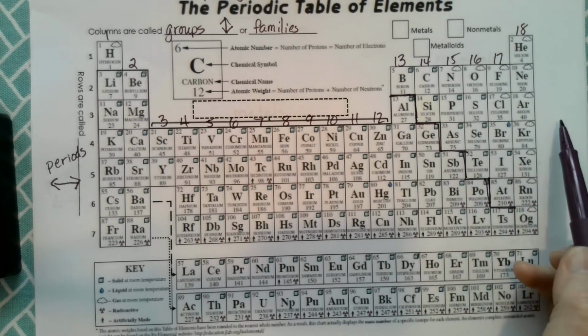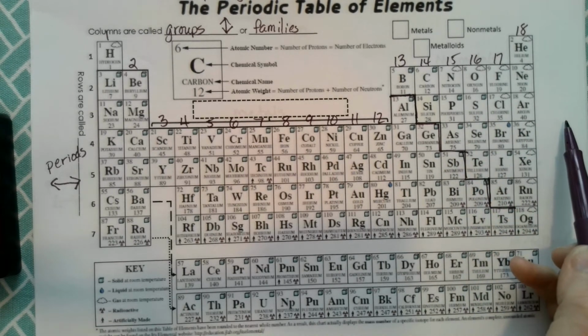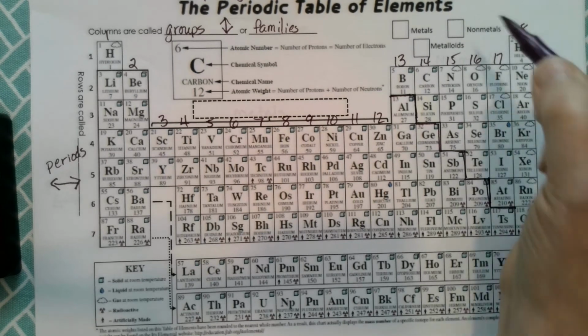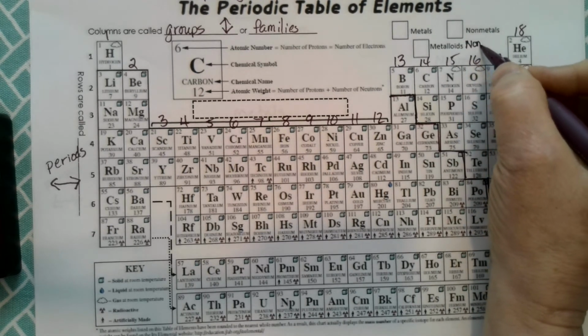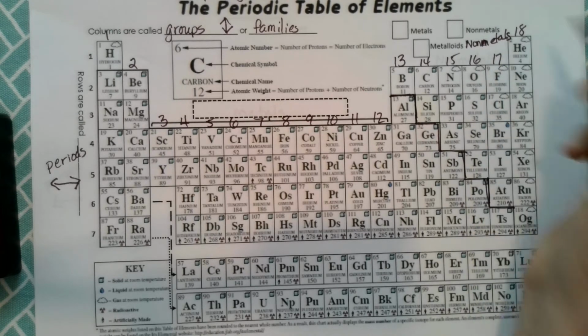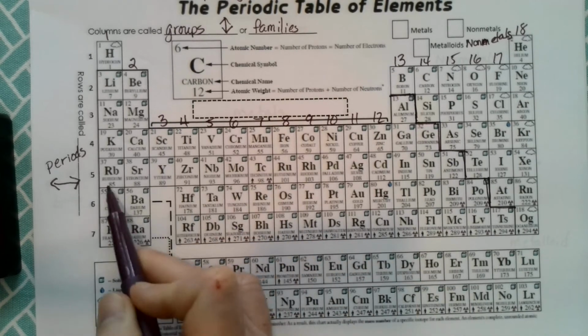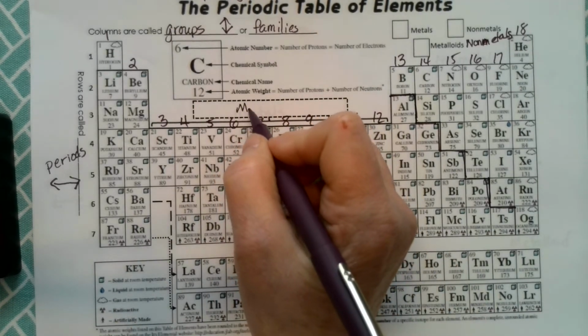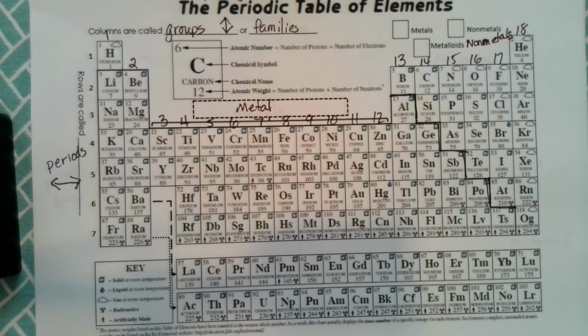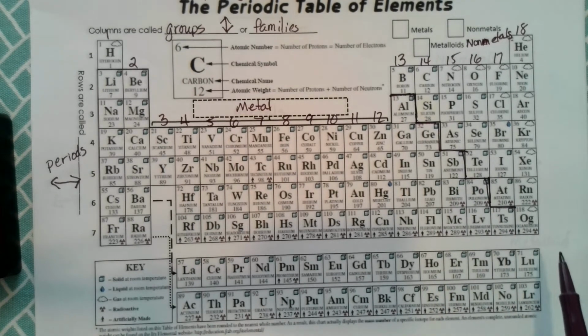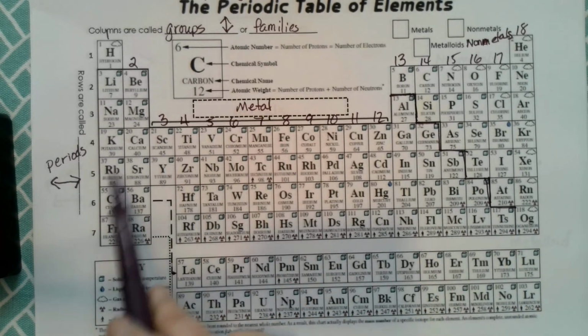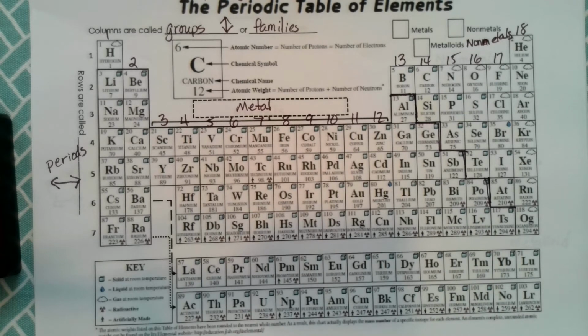Everything over here is going to be non-metals, or have non-metallic properties, so I'm going to write non-metals over here. Everything to the right of the line is a non-metal, and everything to the left of the line is going to be a metal. Just by looking at that dividing line for a minute, you can tell we have a whole lot more metals than non-metals.